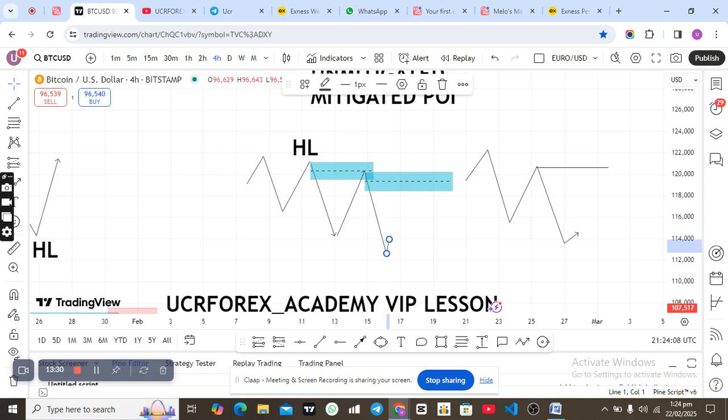Traders watch these zones for potential entries. Because this zone has not been tested for some time, there's a higher tendency that price will have to come back to rebalance or test that area.